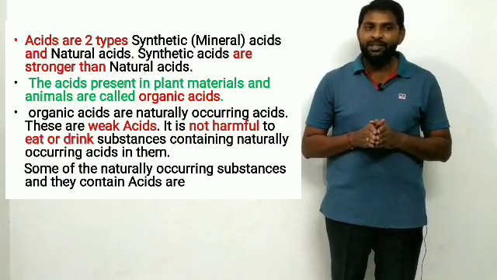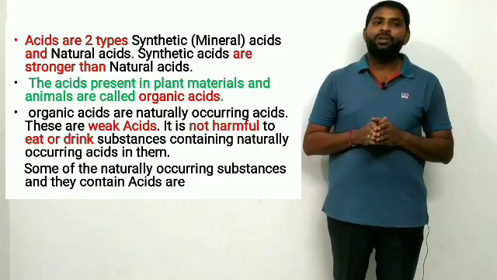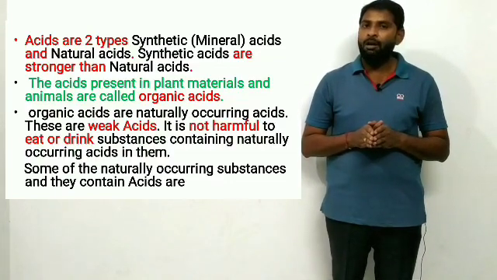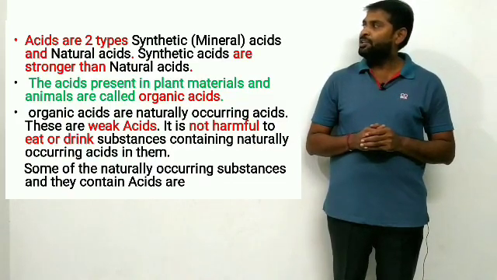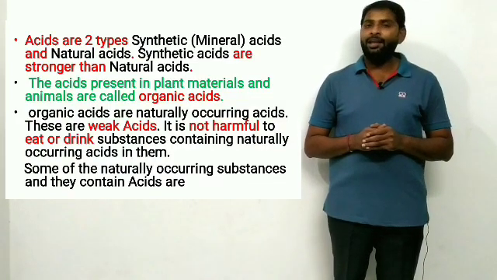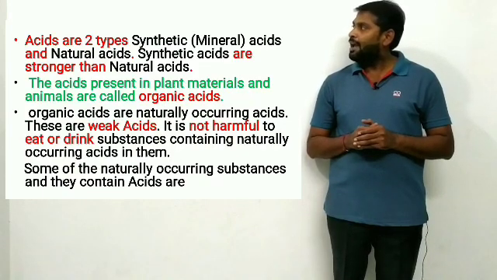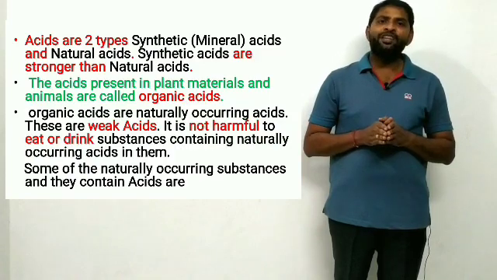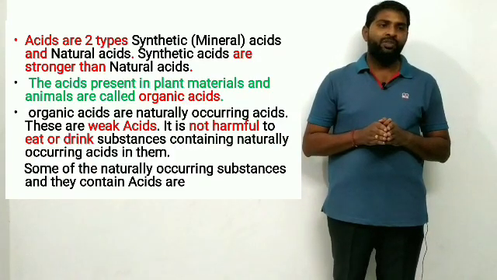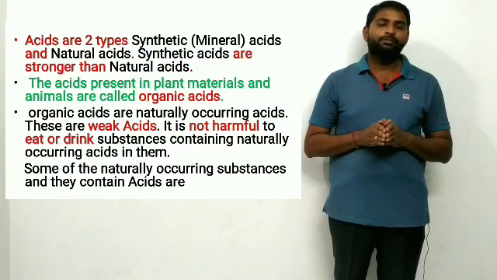The acids present in plant materials and animals are called organic acids. Organic acids are naturally occurring acids. These are weak acids.